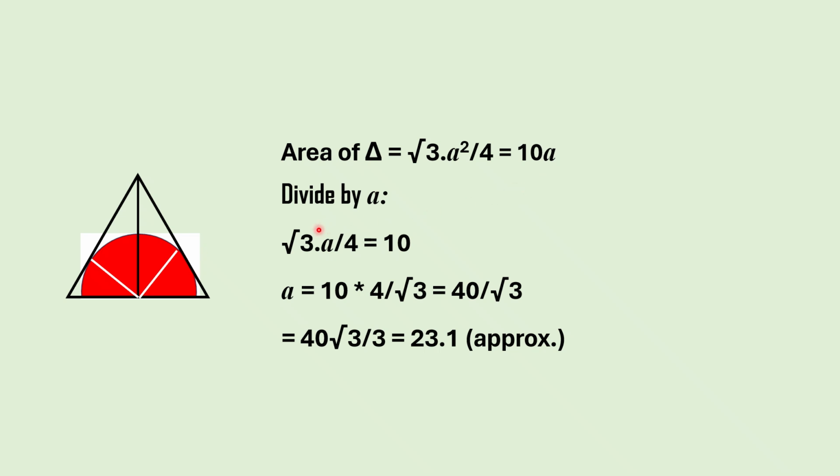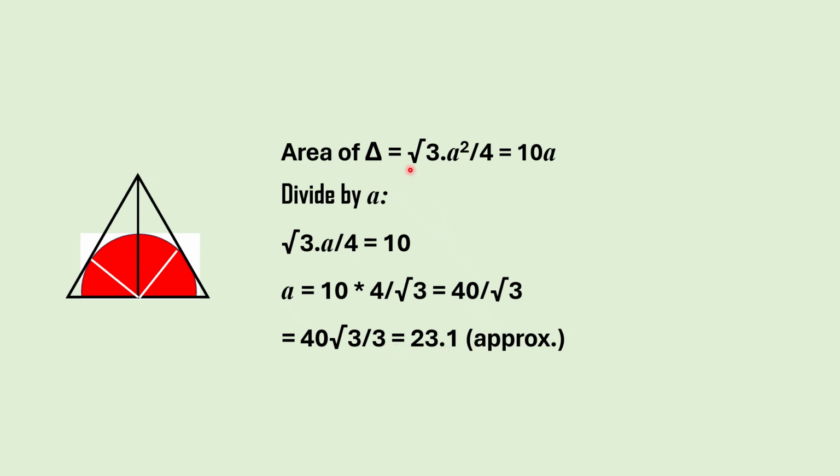So root 3 A by 4 equals 10. A is equal to 10 into 4 by root 3, that is 40 by root 3. If you rationalize the denominator by multiplying numerator and denominator by root 3, we get 40 root 3 in the numerator, and in the denominator root 3 into root 3, 3. So 40 root 3 by 3, which will give you 23.1 approximately.